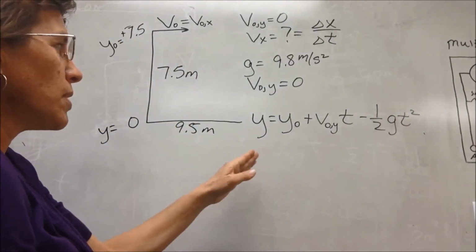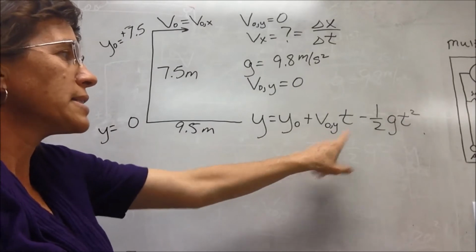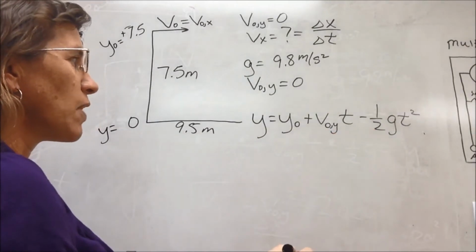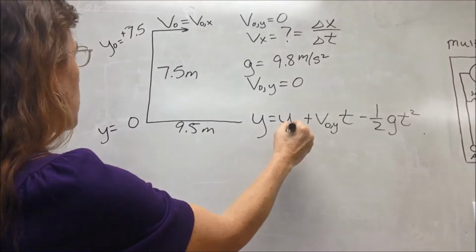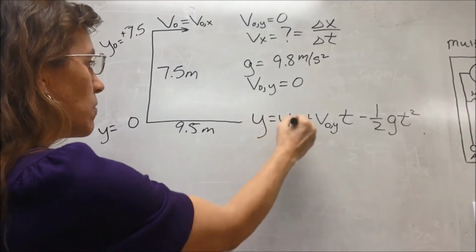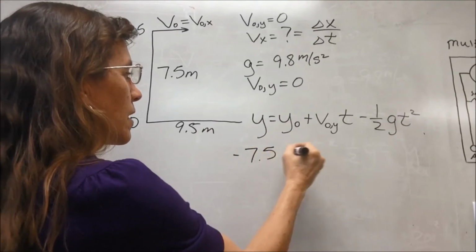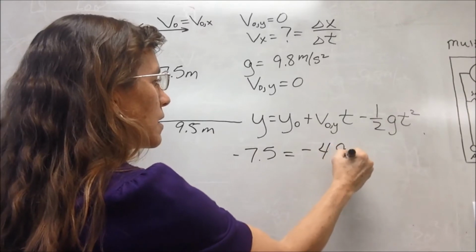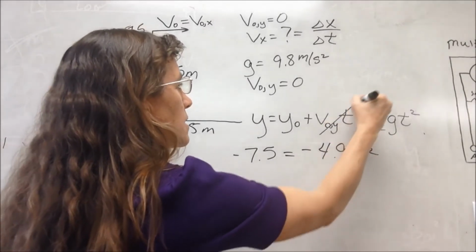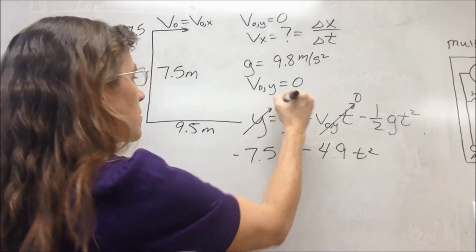And so if you look through here, our final position is 0, our initial velocity in the y is 0, so this formula becomes very, very friendly. Our initial position is going to be 7.5 meters. I'm going to move that to the other side. Negative 7.5 equals 1/2 of gravity, negative 4.9, t squared, because this is 0 and this is 0.